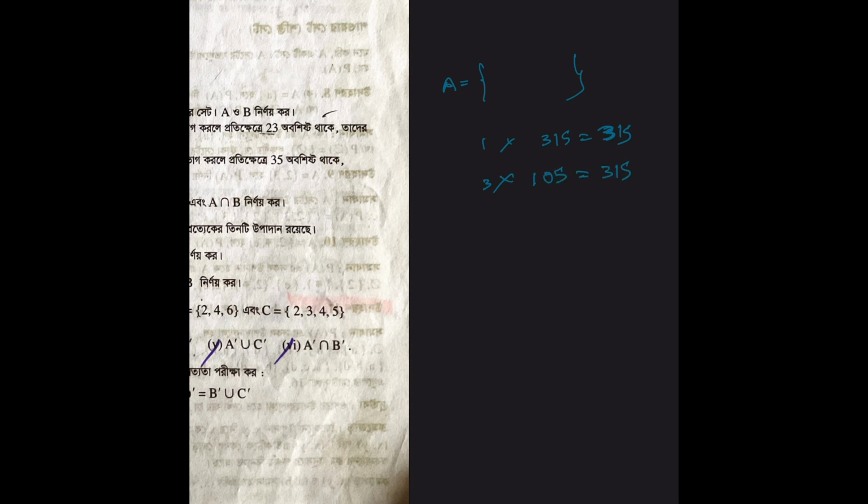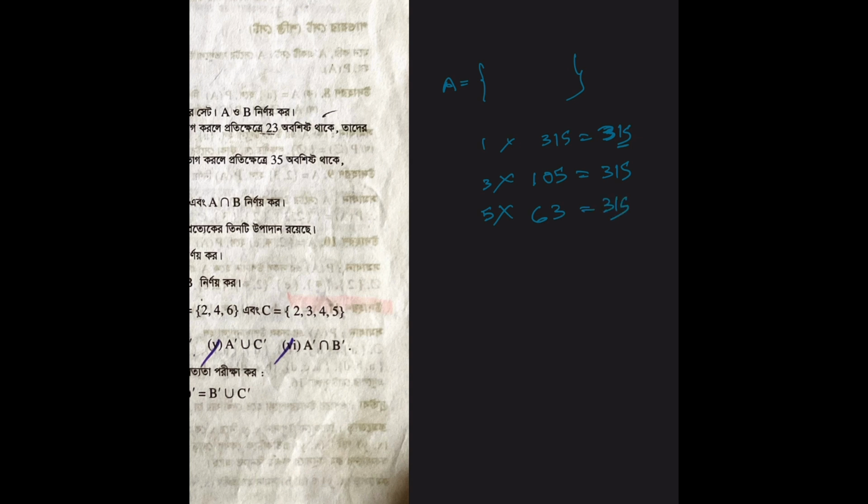4 is definitely not a factor of 315 since it's an odd number. 5 is a factor since the last digit is 5. So you can write 5 into 63 is 315.